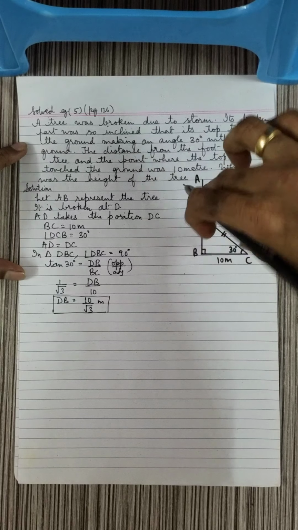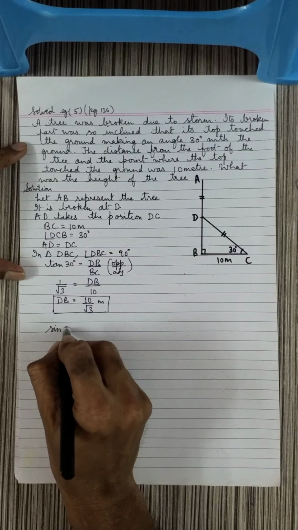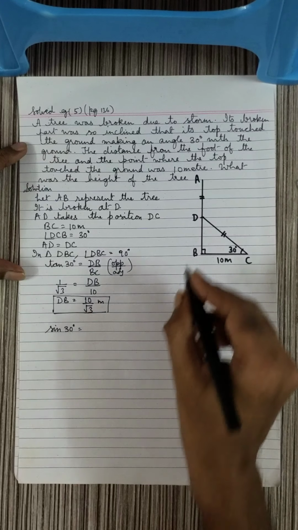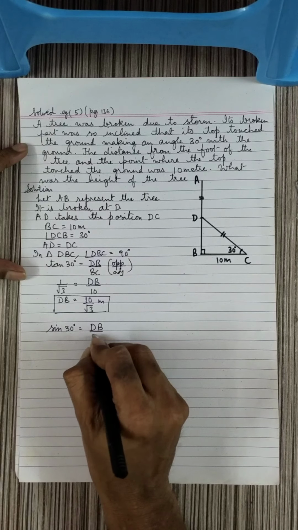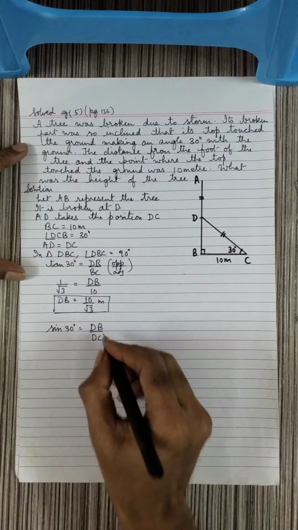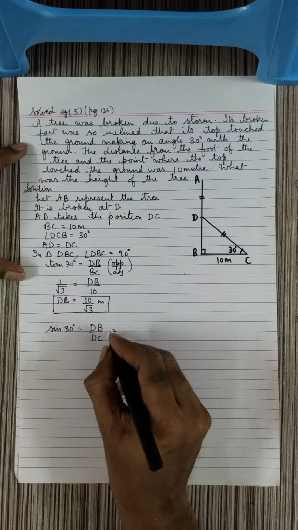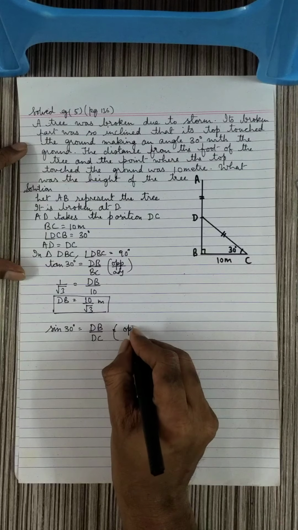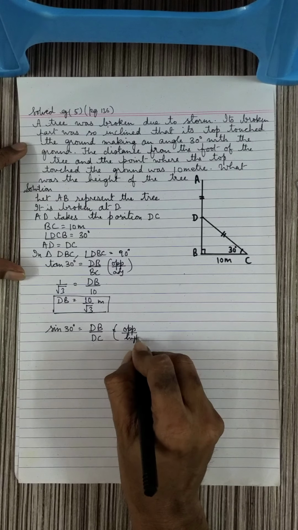Now I am going to find DC. Now for DC I will say sine 30 degrees is equal to DB upon DC, because I am trying to find DC making use of DB. So that is opposite side upon hypotenuse, sine.